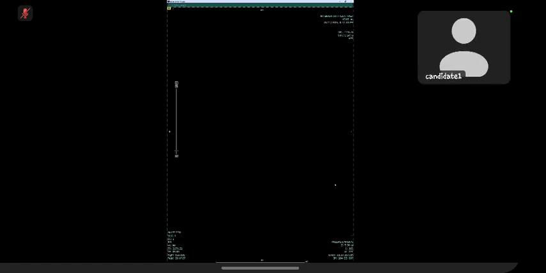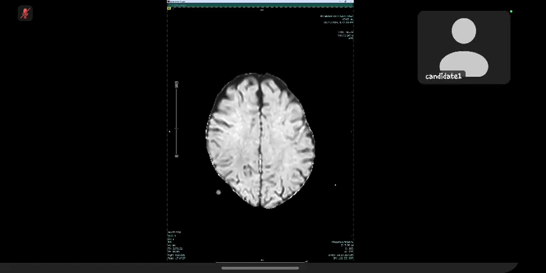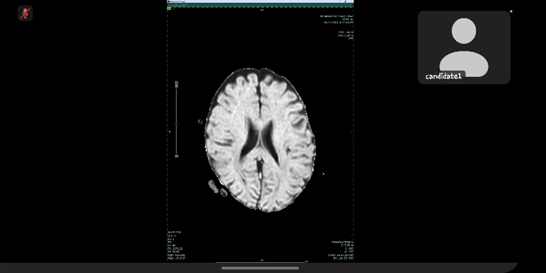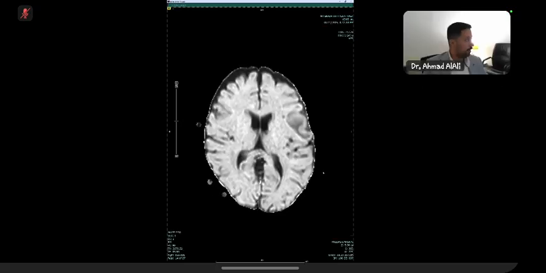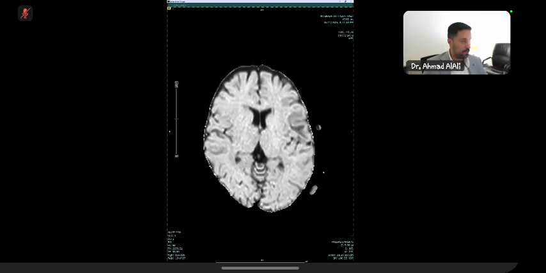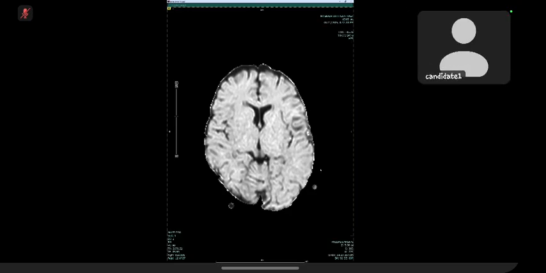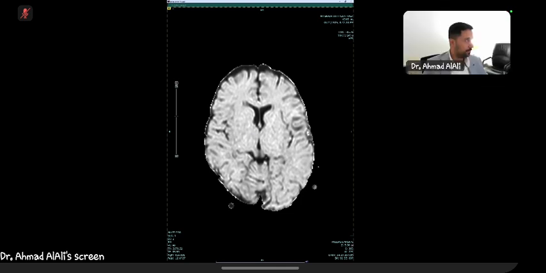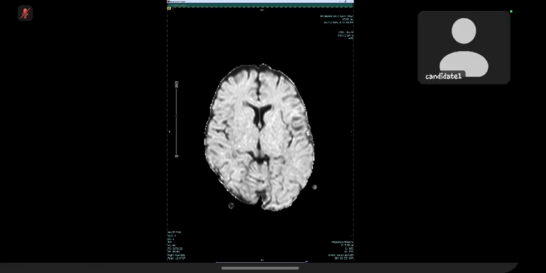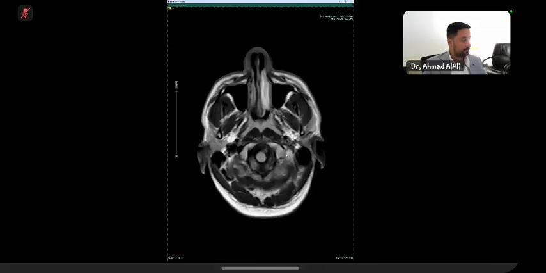No, I will correlate with the ADC values also, but there is no significant diffusion restriction. Okay, so what else would you like to look at in the MRI brain images? I want to see the FLAIR images. Which sequence? FLAIR, fluid attenuated. Yes, this is a FLAIR image.